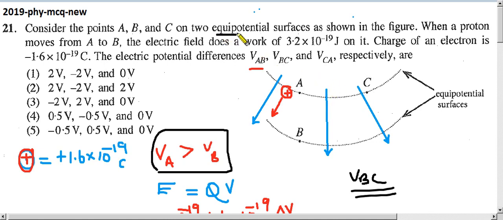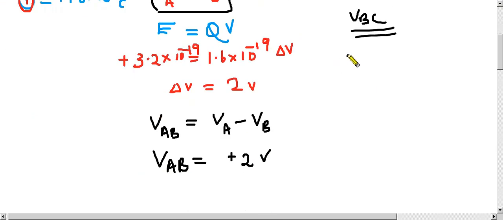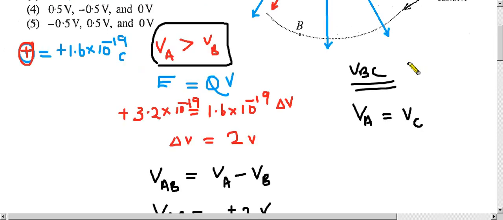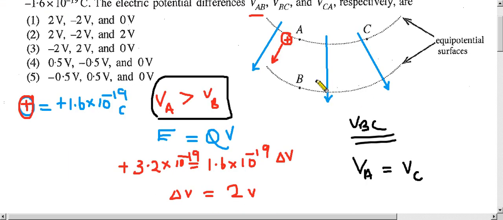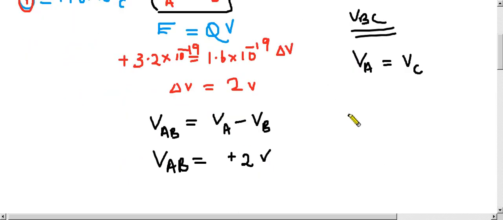So from this we can write VA equals VC, because these 2 points are on the same equipotential surface. So since VA equals VC, we can write the equation VBC, which is what we need.